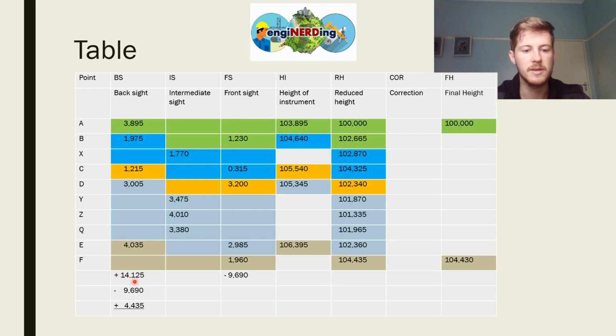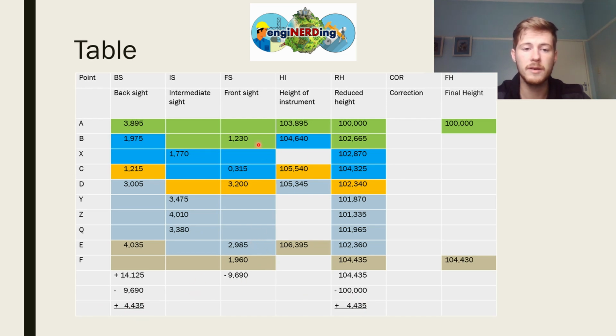So you say your backsides minus your intermediate sights, minus your foresights, and you get this value of 4.435. Then we take our last reduced height minus our first one, and you'll get 4.435. If this value and this value are the same, then we know we've done our calculations correctly up until this point.